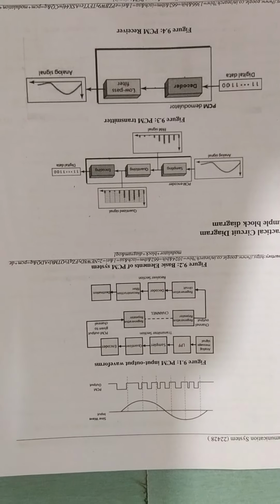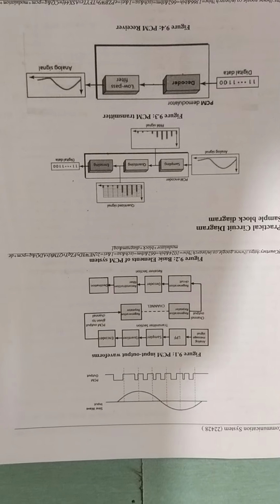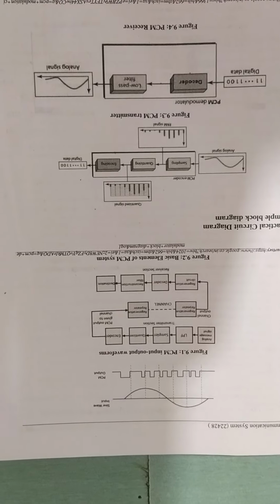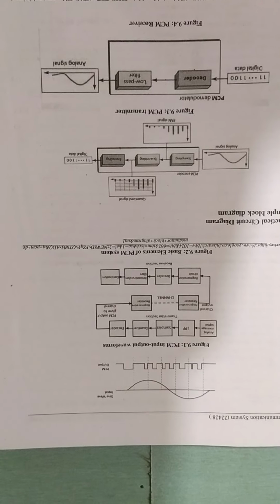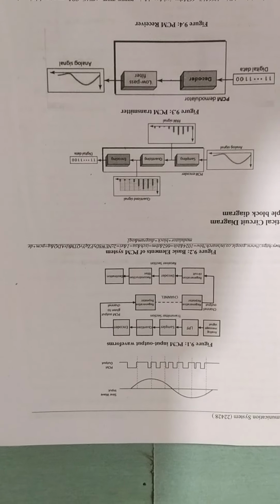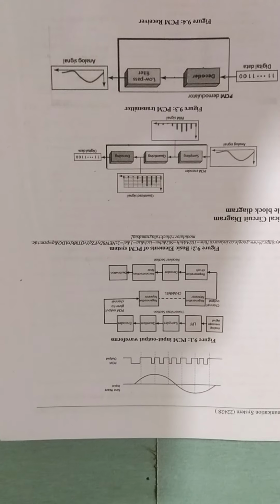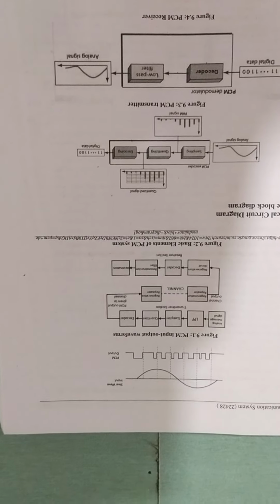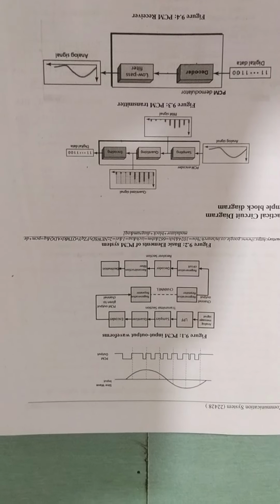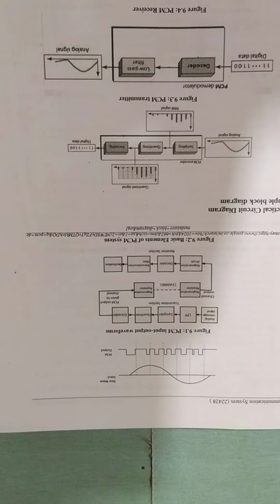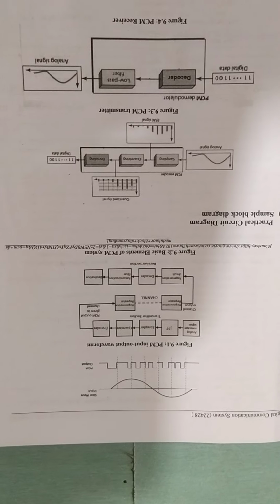Then this PCM modulator output is demodulated by the receiver section. There is a regenerator circuit, whose output is applied to a decoder, and the decoder's output is applied to a reconstruction filter, that is a low pass filter, and at the receiving end we get the original information signal, that is a sine wave output, or an analog continuous time signal.